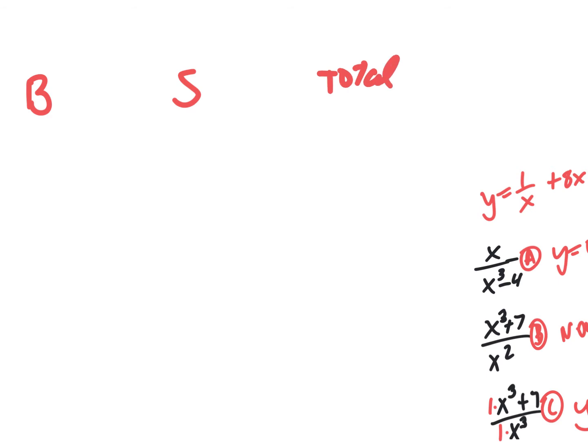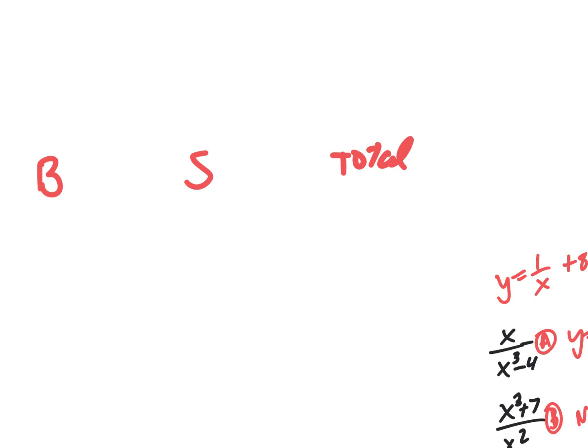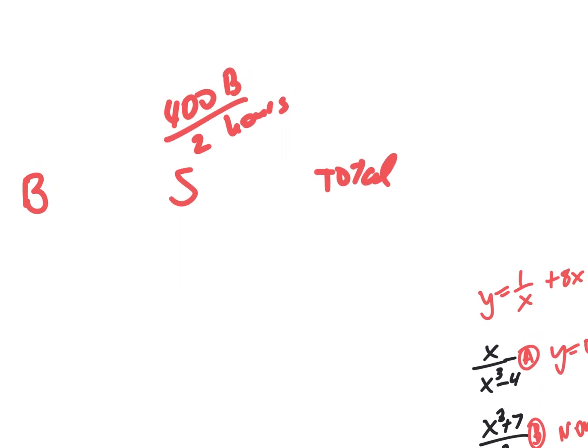So let's say that my mom was able to do 400 blueberries in 2 hours. Then she went out picking with my dad one time for a marathon session of 6 hours.